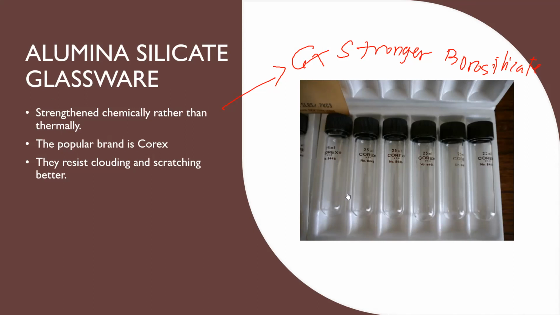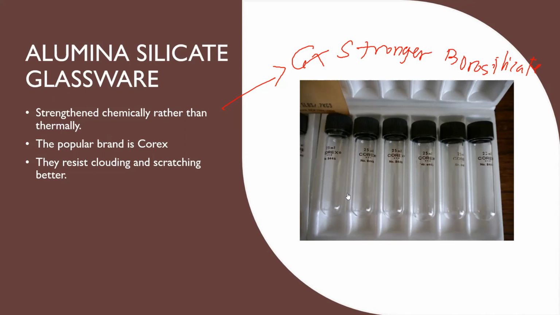Again, take note, aluminasilicate glassware is 6 times stronger than borosilicate glassware. Okay, the popular brand of our aluminasilicate glassware is what we call the Corex.